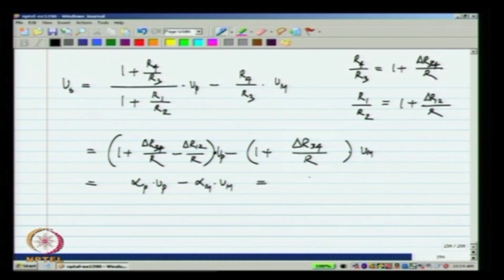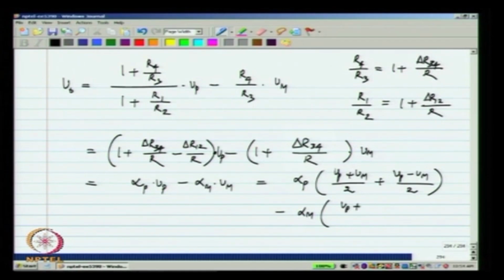Now, this can be written as alpha p times (Vp plus Vm by 2 plus Vp minus Vm divided by 2) minus alpha m times (Vp plus Vm by 2 minus Vp minus Vm divided by 2).